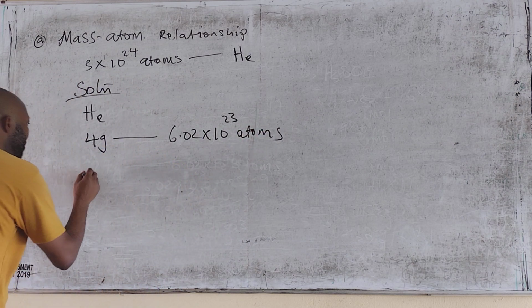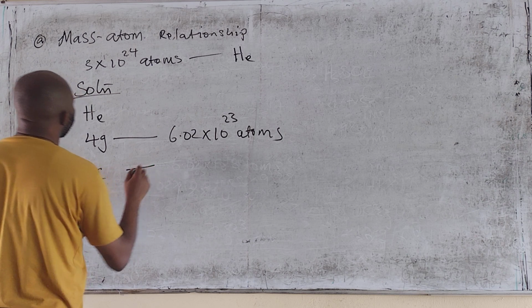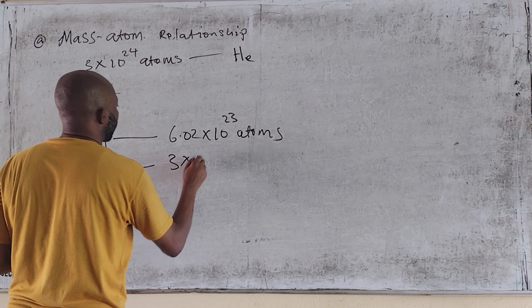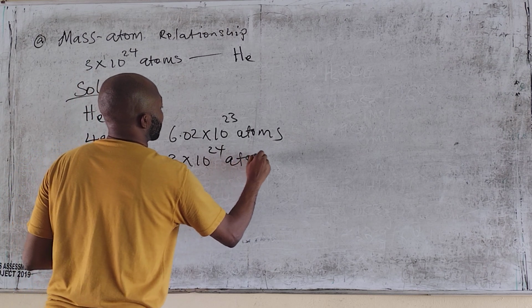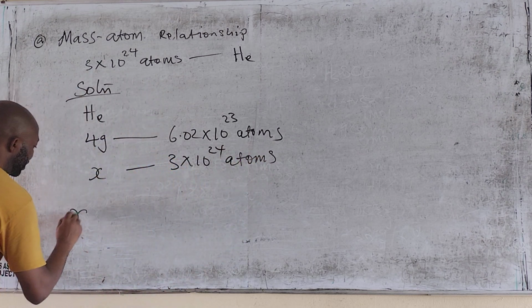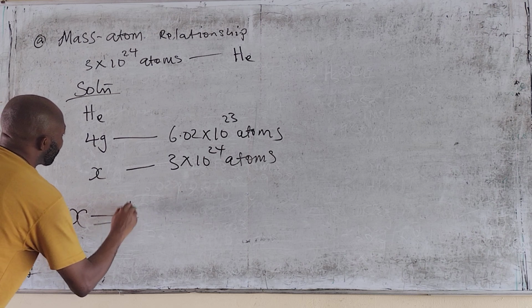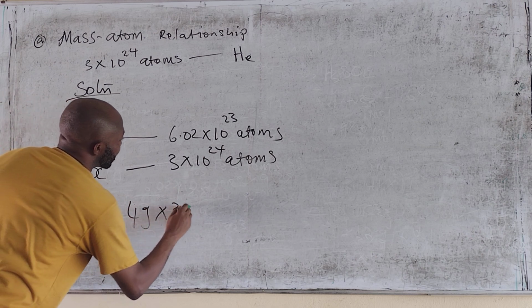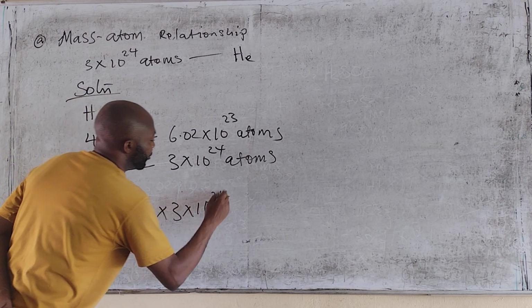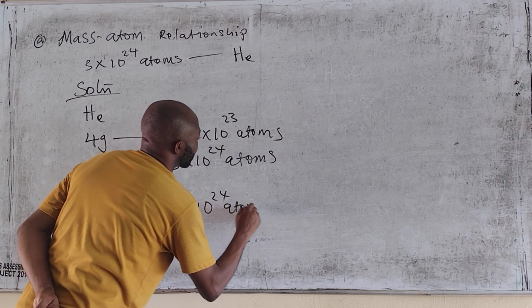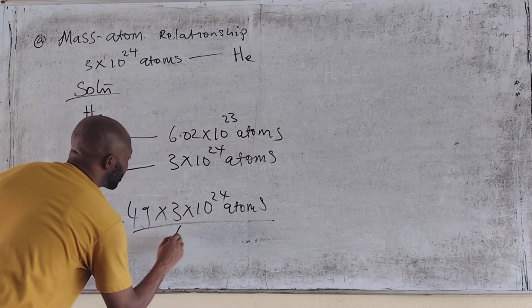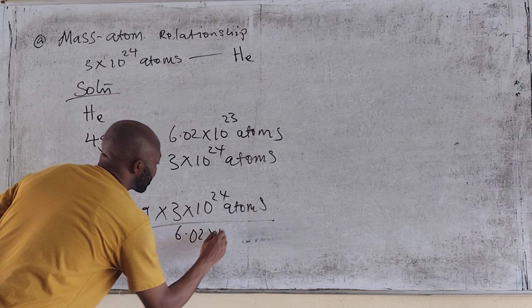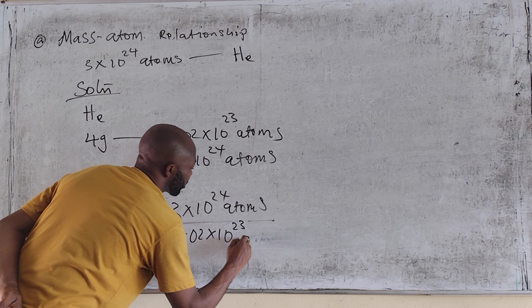Now, how many grams will give us 3 times 10 raised to the power 24 atoms? So my x is equivalent to 4 grams times 3 times 10 raised to the power 24 atoms divided by 6.02 times 10 raised to the power 23 atoms.